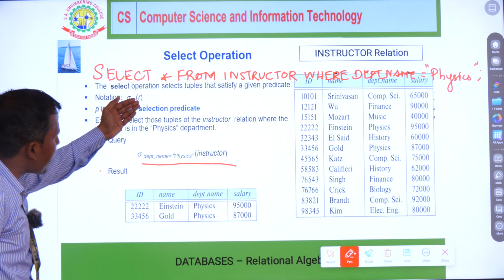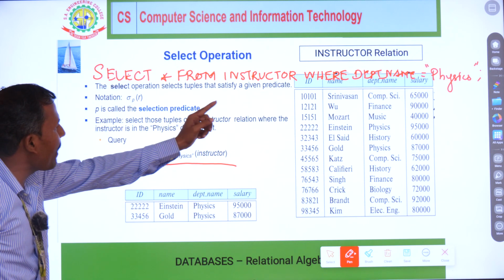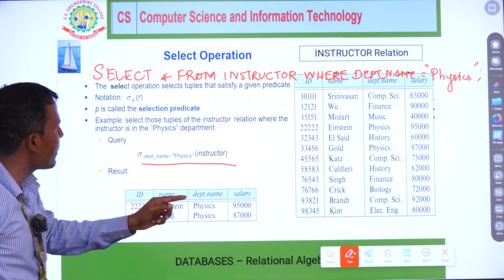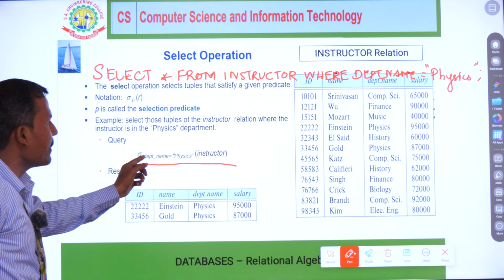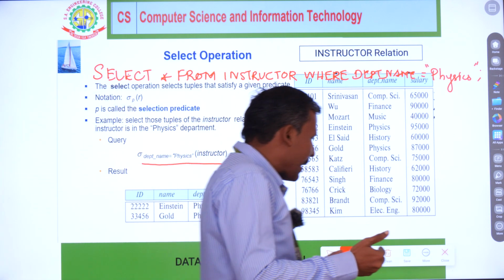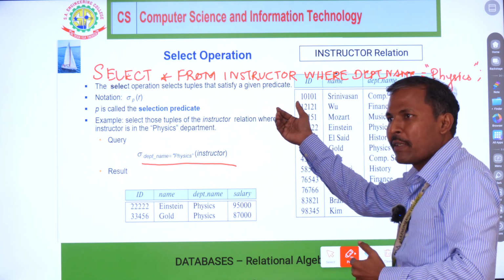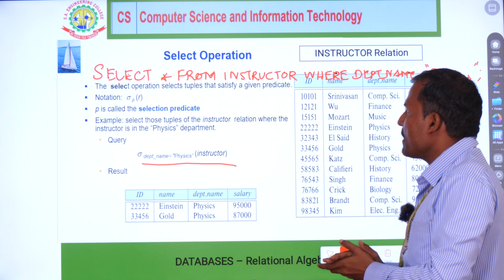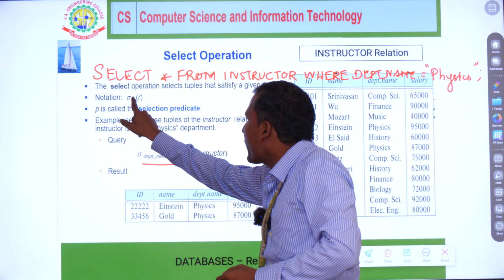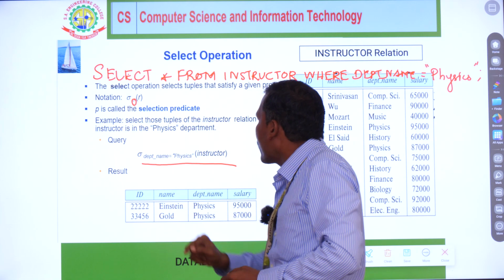And the equivalent relational algebra expression is this. Since we have a condition in the select statement, the right operator to use is the select operator. As I said earlier, if you are retrieving data from a database based on a condition, we have to go for the select operator. So the notation is sigma, with the predicate as the selection condition, and R the relation.